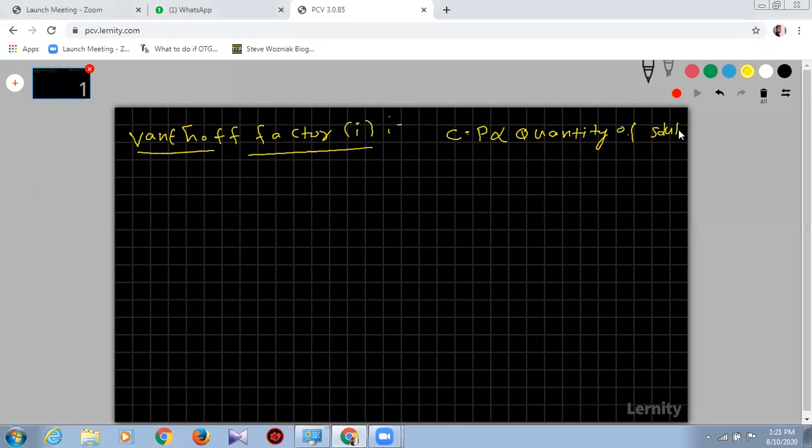That's why all colligative properties are number dependent properties. Whether it is relative lowering of vapor pressure, elevation in boiling point, depression in freezing point or osmotic pressure, it is directly proportional to the quantity of the solute.